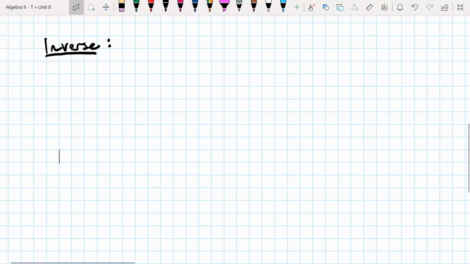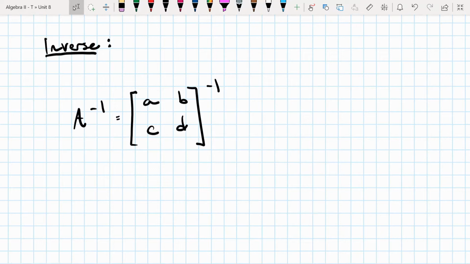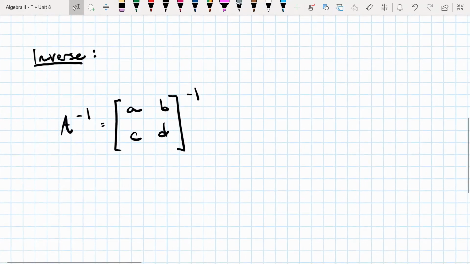So the inverse of A, I'm going to use the same matrix we used at the top, A, B, C, and D. If I want to find the inverse of this, the way it works is we take 1 over the determinant of A, and we multiply this by the following matrix.